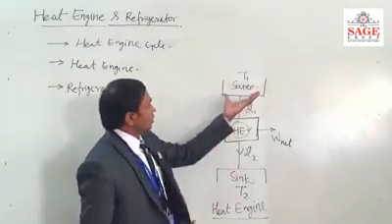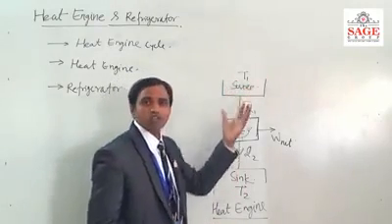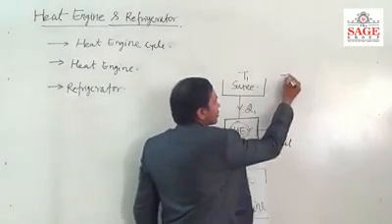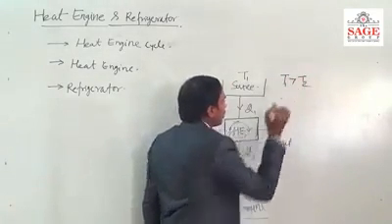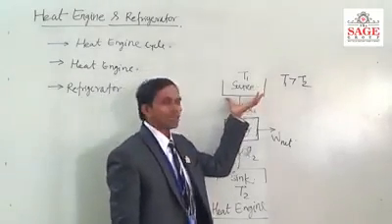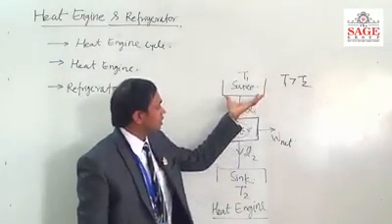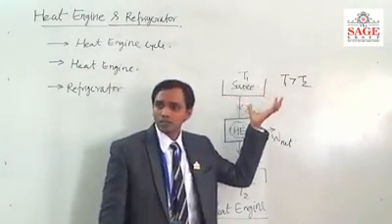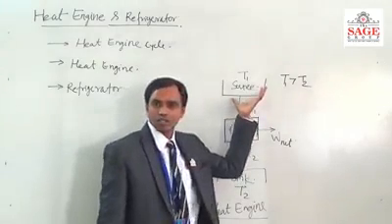It means the source T1 is always at high temperature, so T1 is always greater than T2. If we take any amount of heat from this reservoir, the temperature of this reservoir does not change.